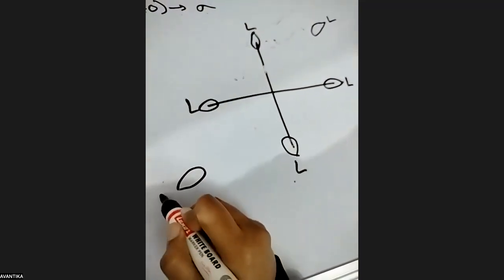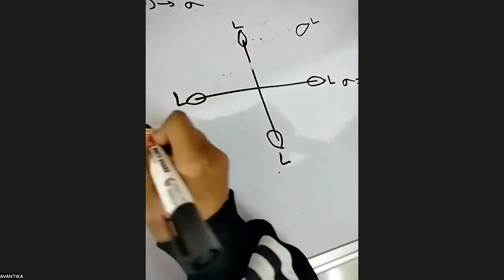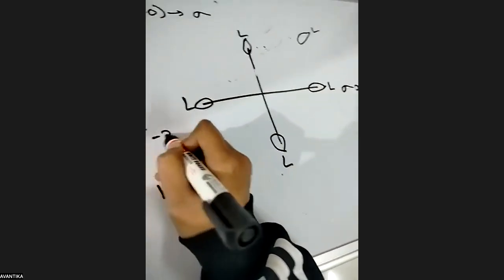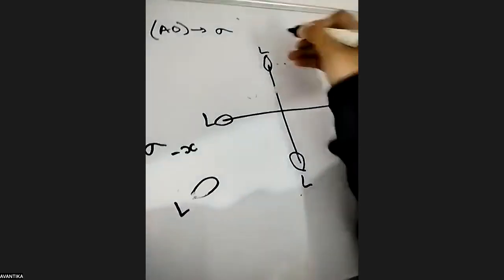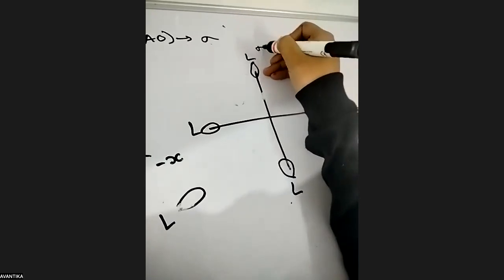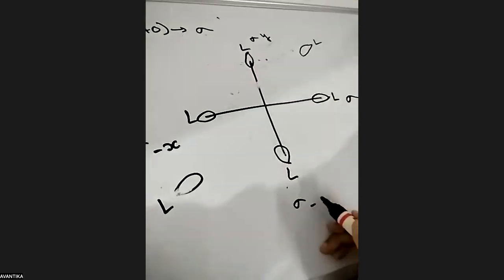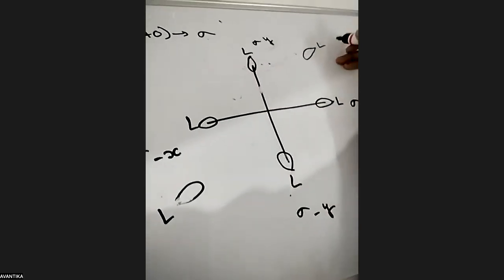To represent, we can see the wave function in this direction as sigma x, and here this is sigma minus x, just to denote the opposite direction. Here the wave function is sigma y, and here sigma minus y. Here is sigma z, and here is sigma minus z.